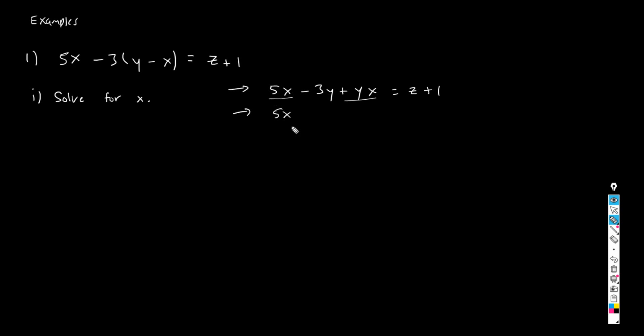I want to keep them on the left side. You're going to see why in a moment. And this one, I'm going to bring it to the other side. How? By adding, right? By adding 3y. Not passing, but adding 3y.